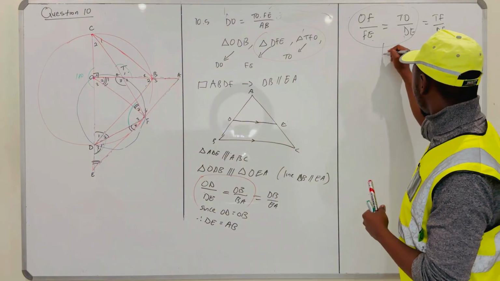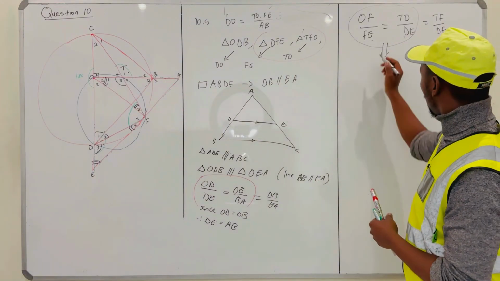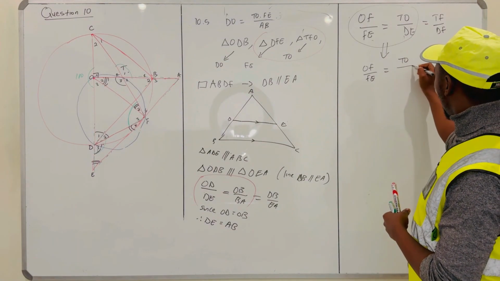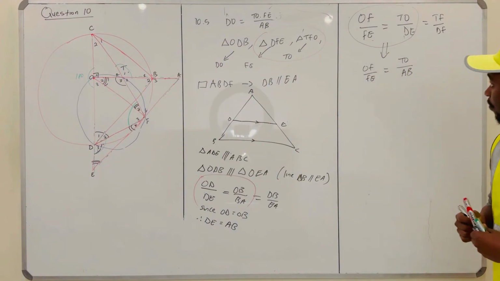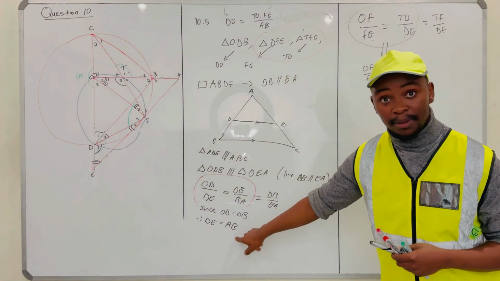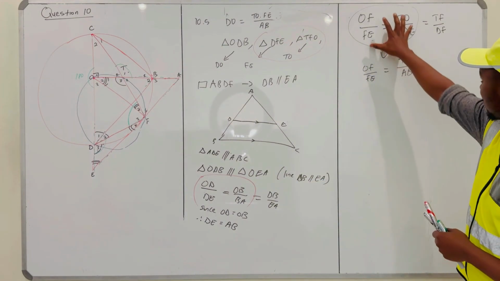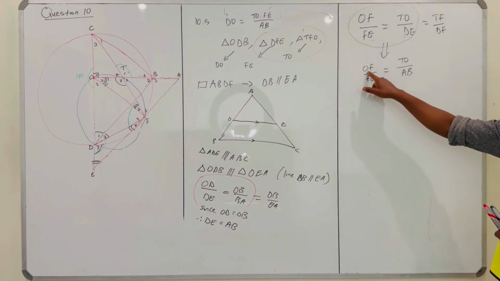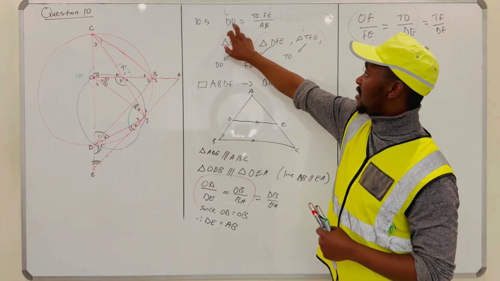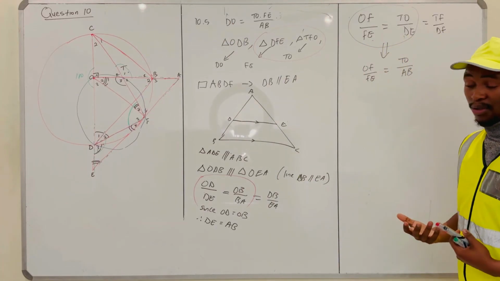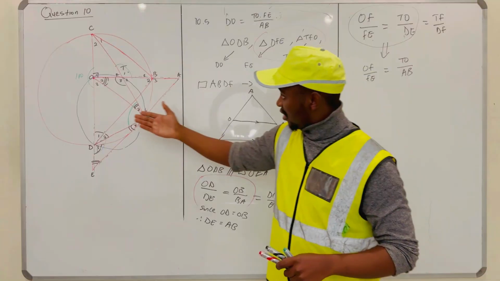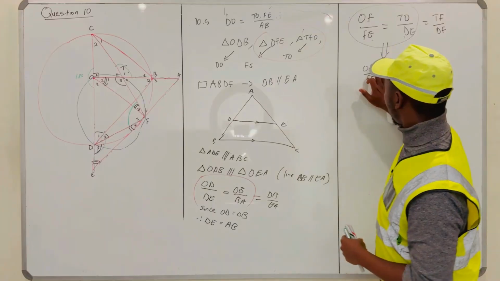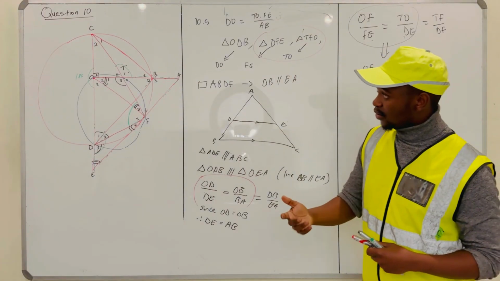First thing we can say from here is that because of this remark here, OF over FE should be equal to TO over AB. Are you with me? DE is the same as AB, we've just proven that. So this ratio should also be the same as this one, all right? But now, what is OF? Because we were asked to make DO the subject of the formula. But what is special about DO or OD? OD is just a mere radius because it's a line from center to the circumference. But what is OF? OF is also a radius.